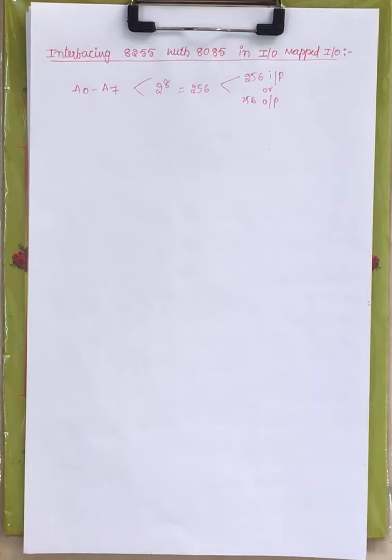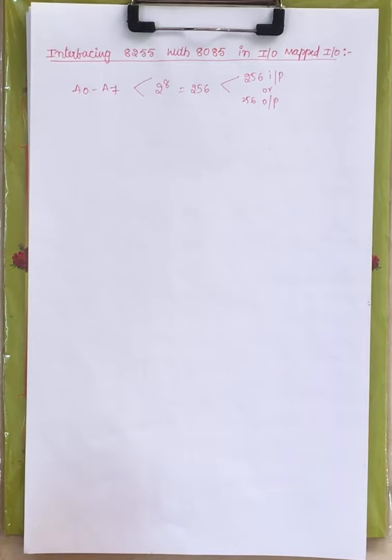This introduction we have seen under the IO interfacing part, but let us have a brief description of it before going to the interfacing part. The total address lines used under IO mapped IO are 8, represented by A0 to A7.